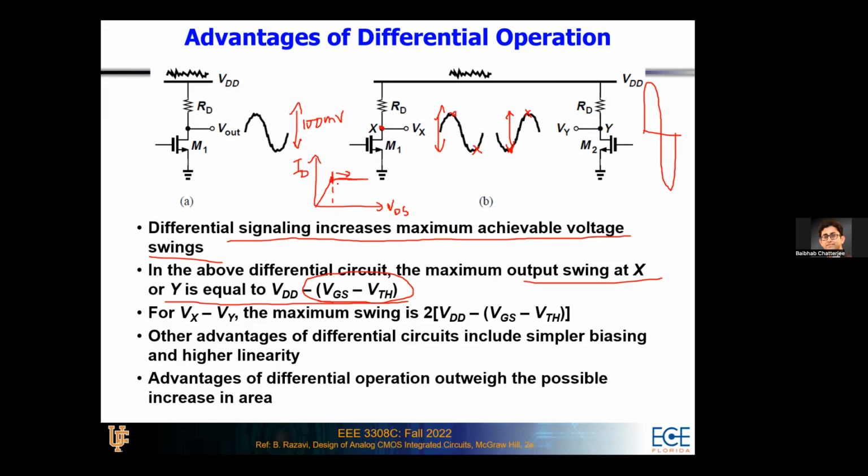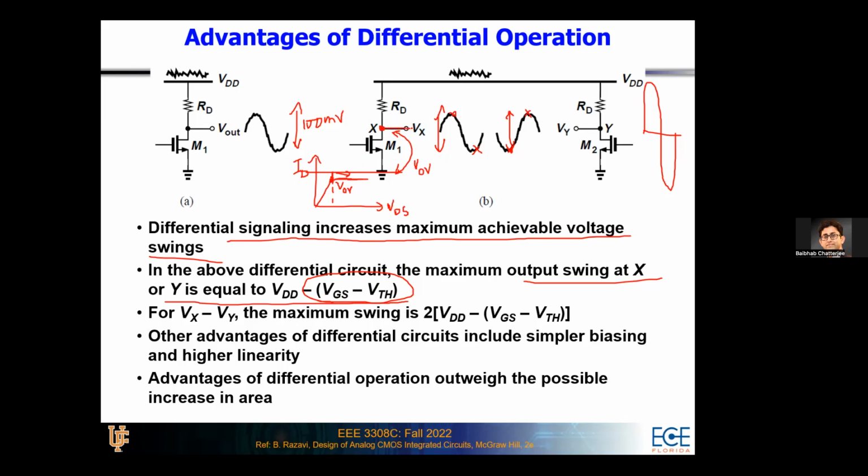That point is VDS equal to V overdrive. After that point, your transistor is in saturation. What is the value of V overdrive? V overdrive is VGS minus VTH. So the minimum VDS that you require for the transistor to be in saturation is equal to V overdrive.